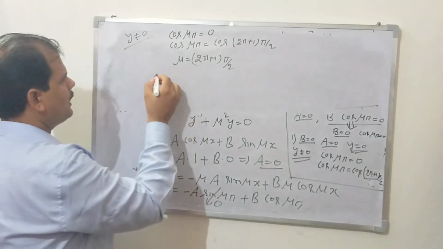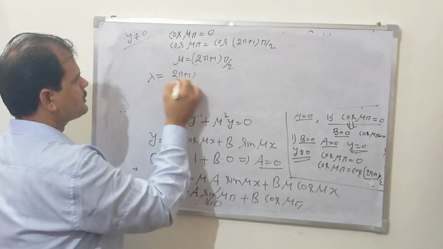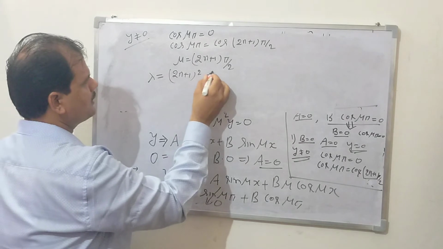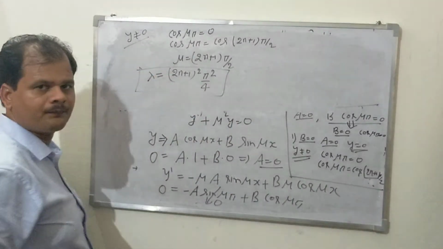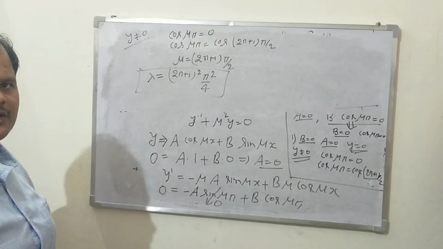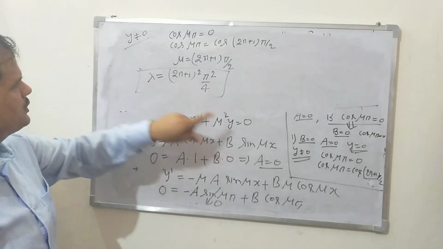So lambda equal to mu square, means (2n plus 1) whole square pi square by 4. For this lambda we will have a non-trivial solution, because a equal to 0 and b not equal to 0.